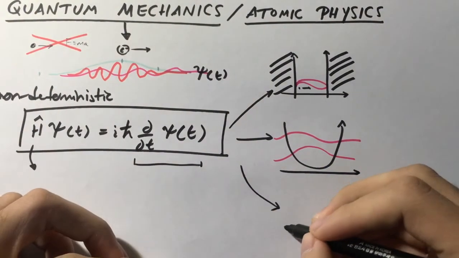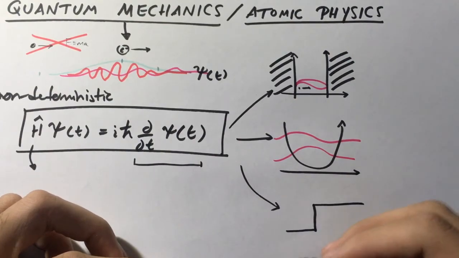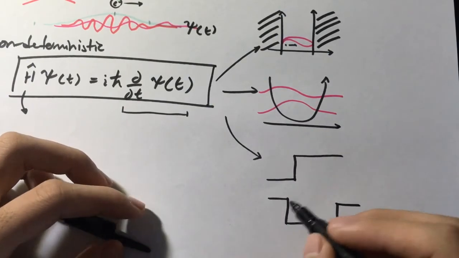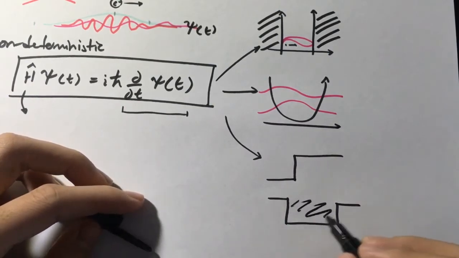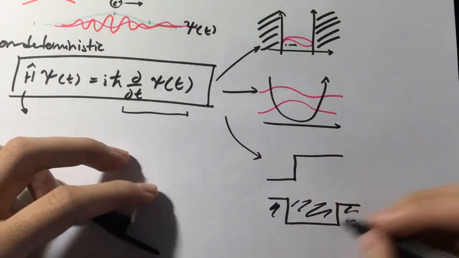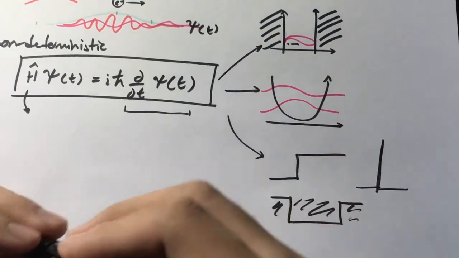For example, what if you have a step function, or a finite square well, where the electrons will have low potential within this area, but can still go to these areas because it's not infinite. Or what if you have a delta function, where you have one giant spike right in the middle.